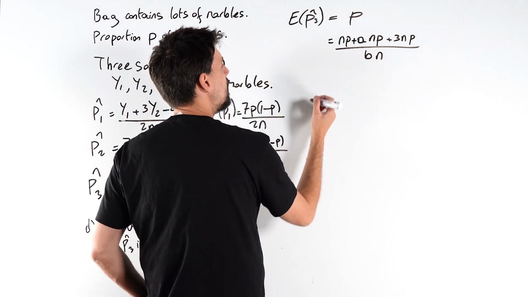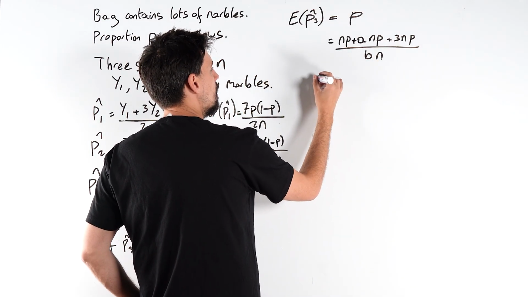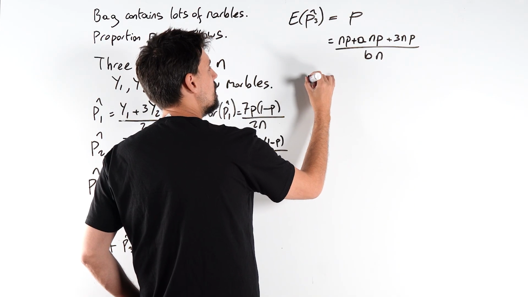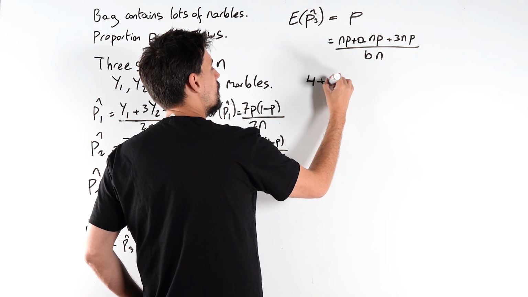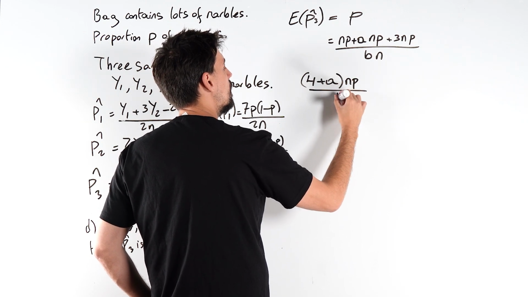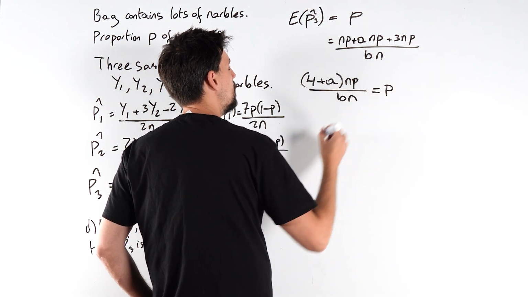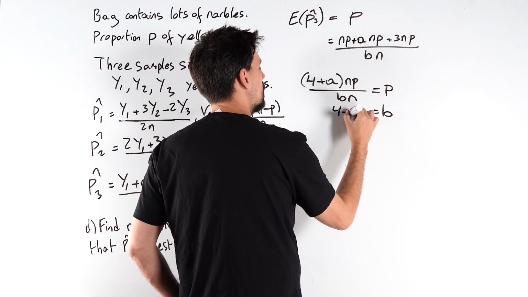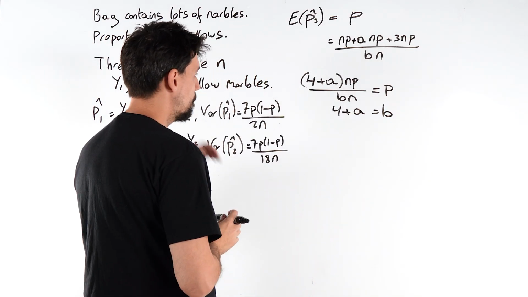That's got to equal p. So that is 4 plus a lots of np over bn, which has to equal p. So that tells me that b has to equal 4 plus a.